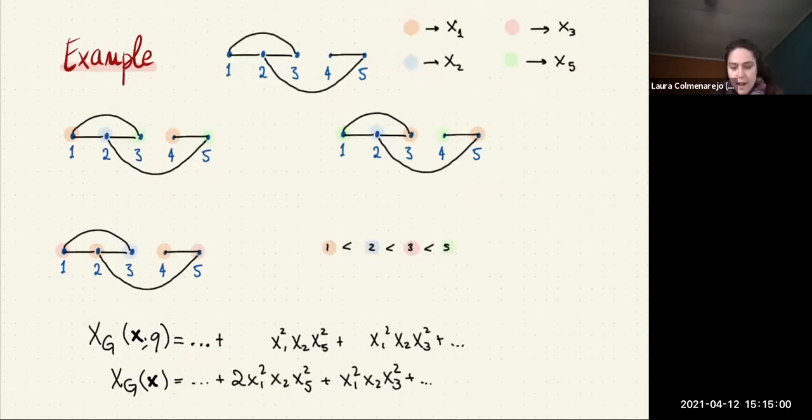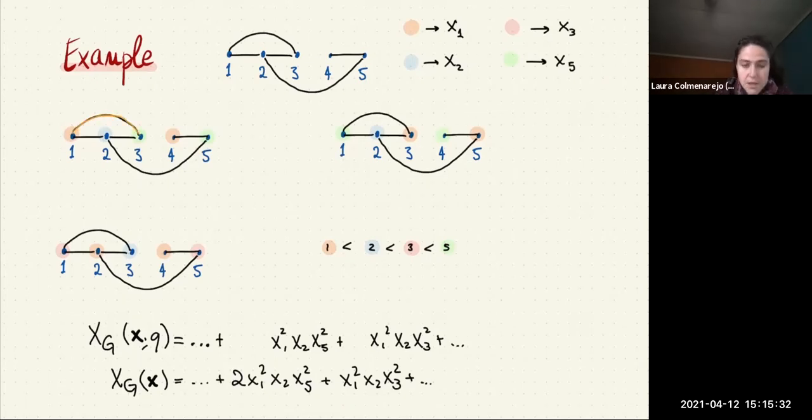So in the example that we had before, I have the same coding of colors, but now I just have to order them. So I have that 1 is smaller than 2, smaller than 3, smaller than 5. I usually like to go in order. So if I'm looking at this example over here, now I'm looking at this labeling of the colors. So 1 is smaller than 2 and is smaller than 5. If I were to count here, let me choose this one.